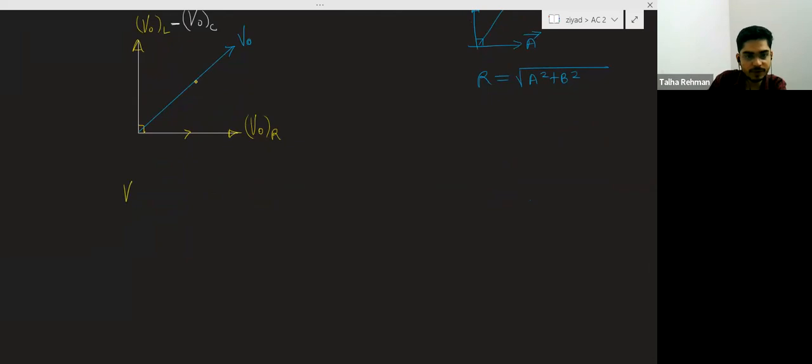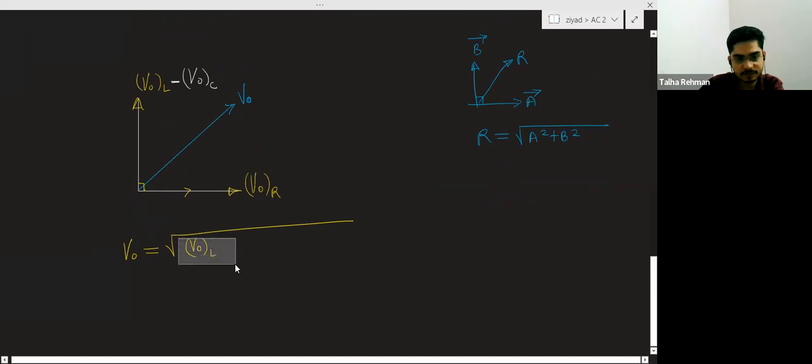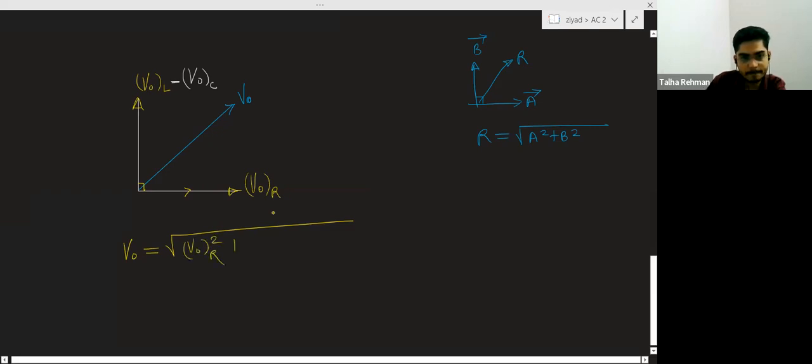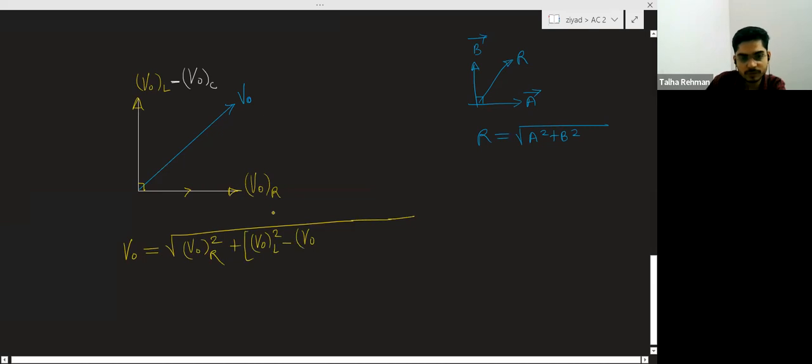V naught is the square root of this square plus this square, that is, V naught R square plus V naught L minus V naught C square.